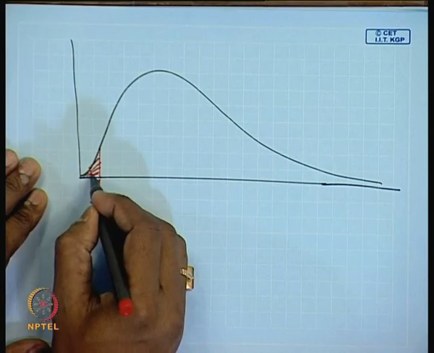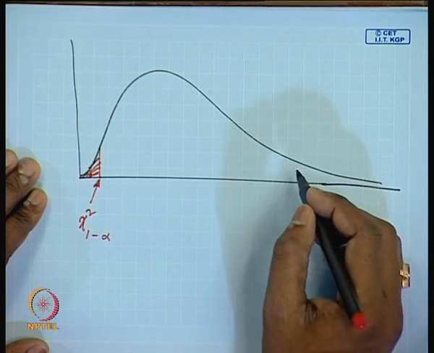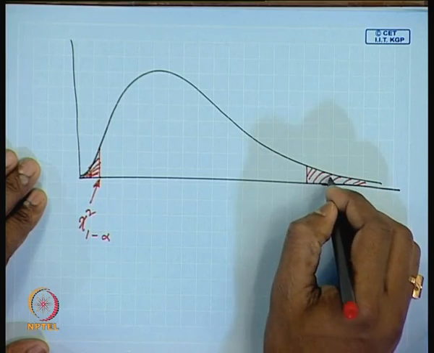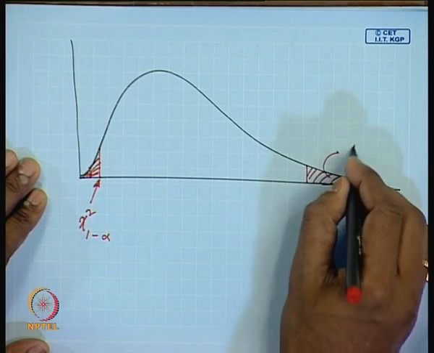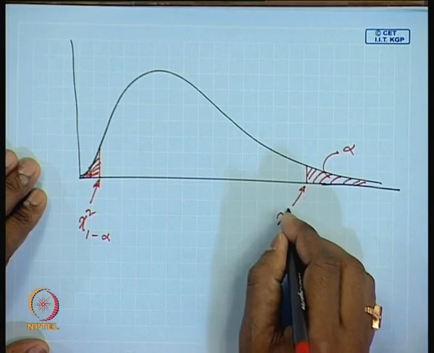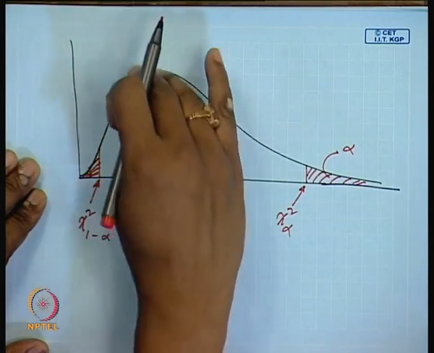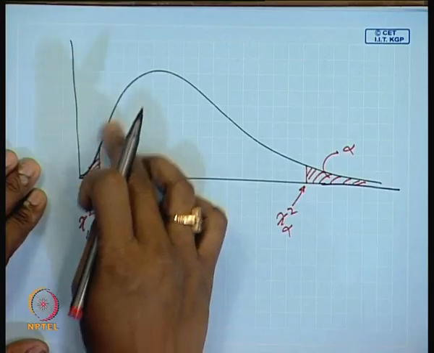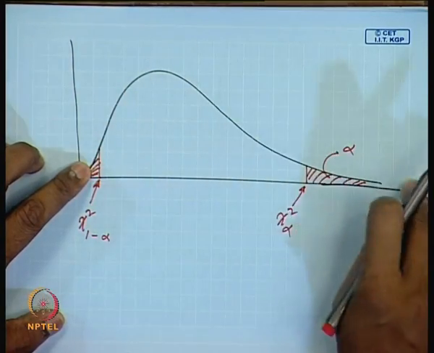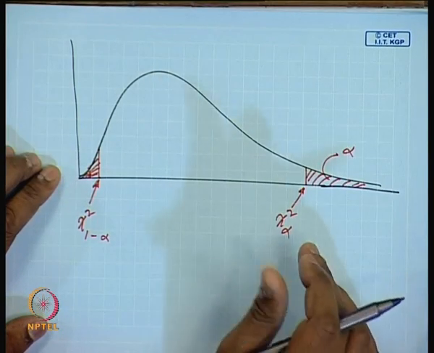The same for the right hand side test: suppose this area is alpha, then this value is chi-square alpha. Here, chi-square 1 minus alpha means the total area below this curve is 1, so this full area, apart from the red one, the white area as well as the shaded area, is 1 minus alpha, and these are for the one sided test.